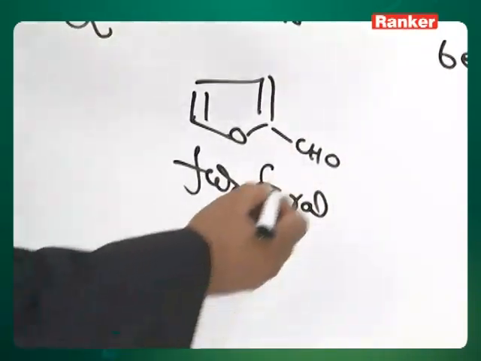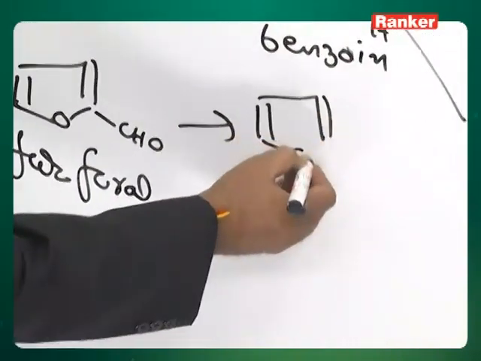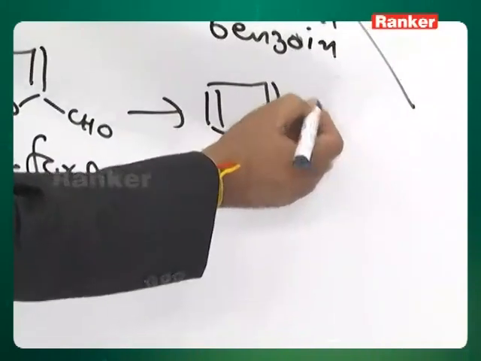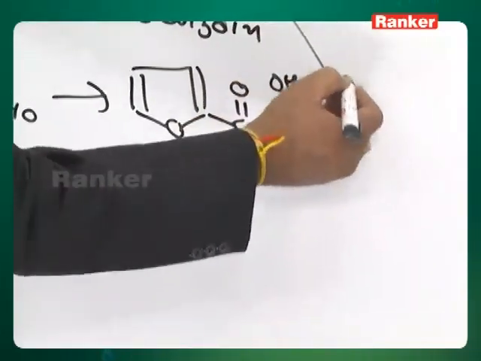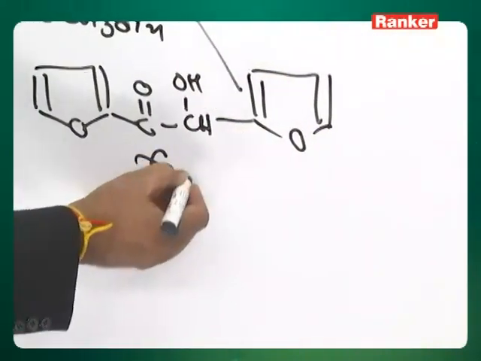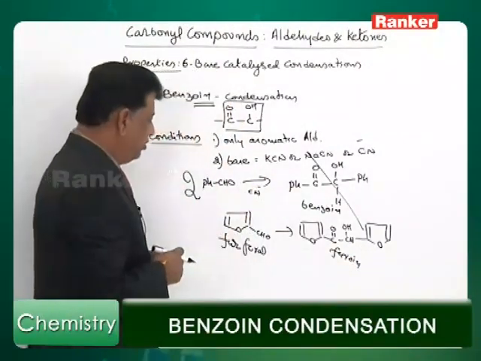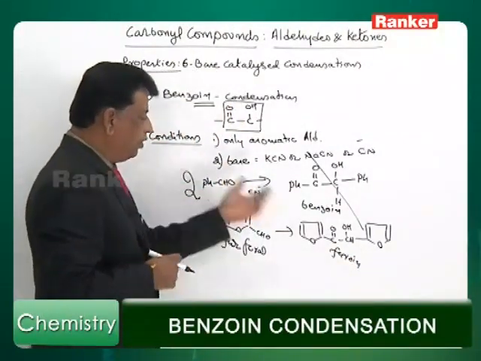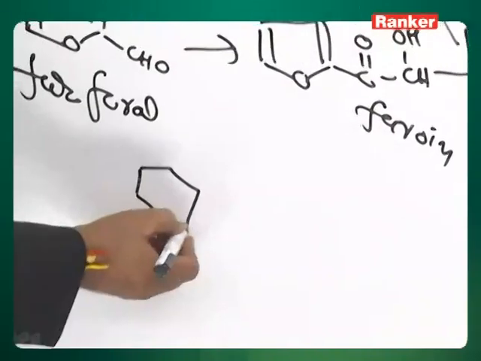This furfural will undergo this reaction to give the furan containing a benzoin function. Benzoin function means CHOH and again a furan. This is called furoin. So, benzaldehyde gave benzoin, furan aldehyde will give furoin, and so on.